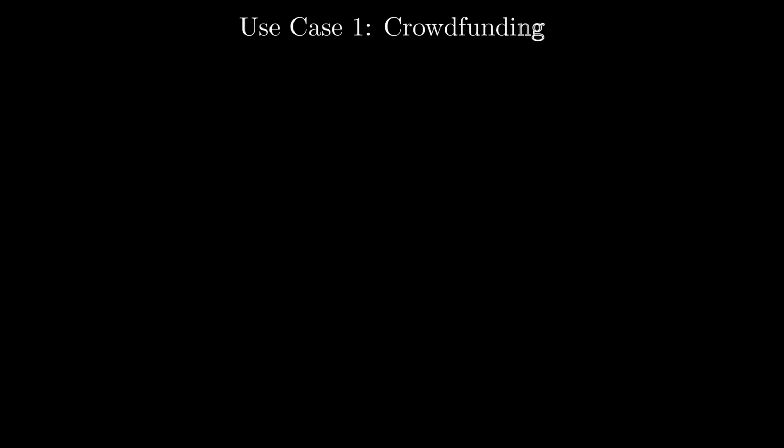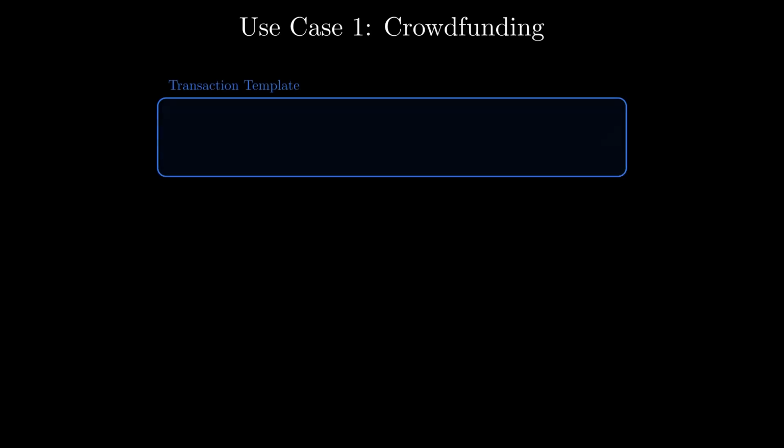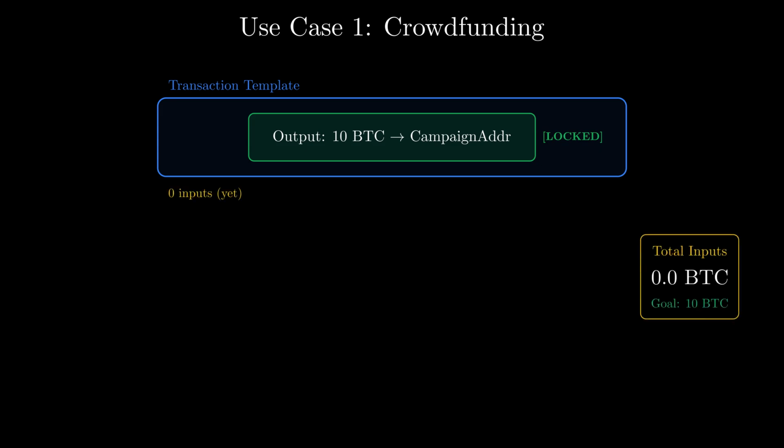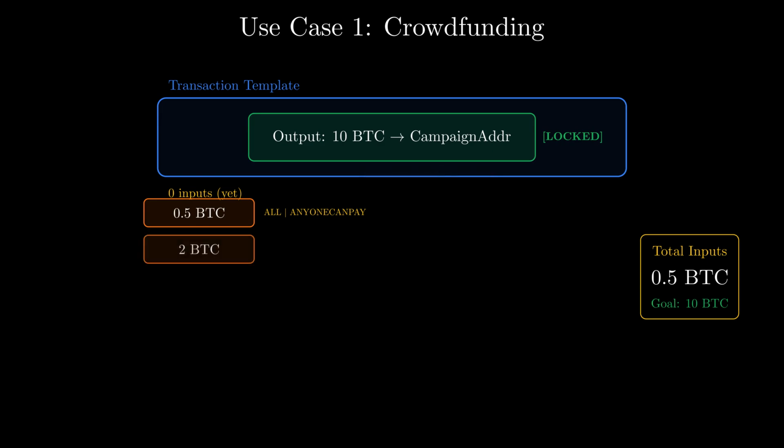Use case 1, crowdfunding. An organizer publishes a transaction template with one fixed output, say 10 Bitcoin to a campaign address, and 0 inputs. Donors each add an input, signing with ALL or ANYONECANPAY. ANYONECANPAY means each donor only commits to their own input. ALL means they commit to every output, which pins the destination.